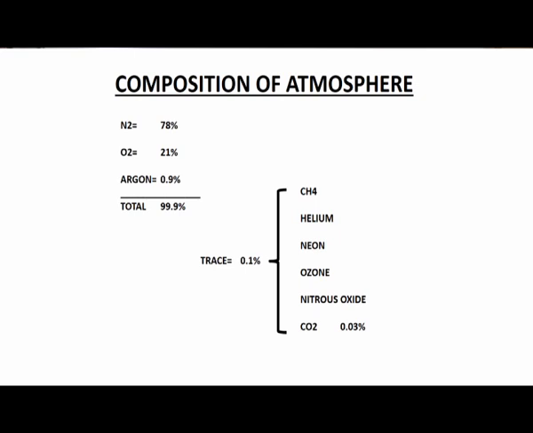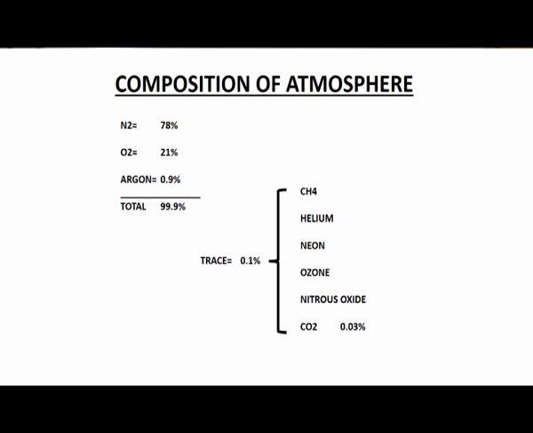So, the composition of the atmosphere mostly comprises nitrogen. Nitrogen is approximately 78% of the total atmospheric content. Then comes oxygen, which is approximately 21%, and then argon, another gaseous element comprising approximately 0.9%.